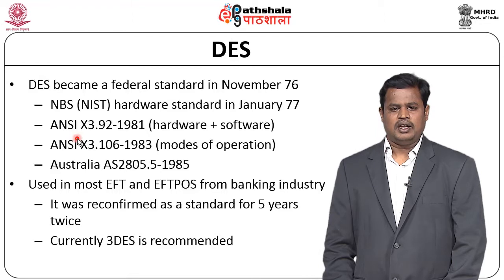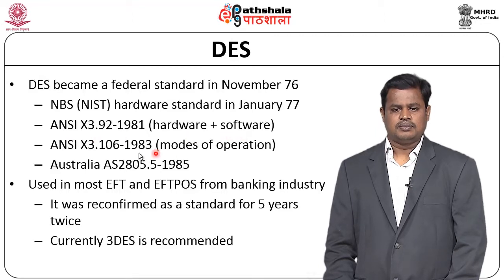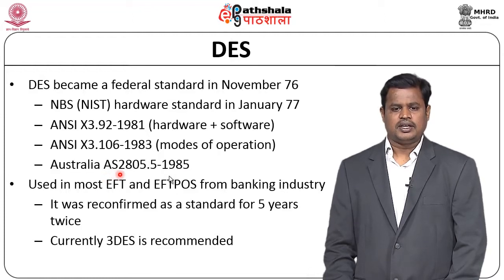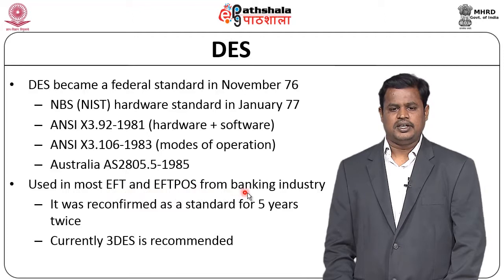ANSI, where they have hardware plus software, had X3.106, where they gave the modes of operation. Australia had the version AS 2805.5 in 1985. Used in most of the EFT and EFTPOS for the banking industry, it was reconfirmed as the standard for 5 years, twice.